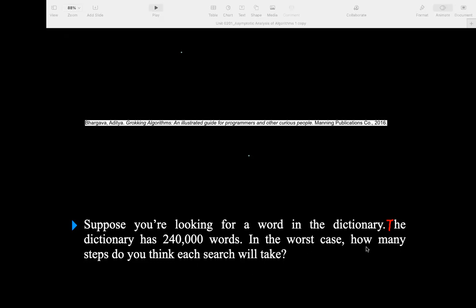In the worst case, how many steps do you think each search will take? Each search means, suppose we want to find a word over there.